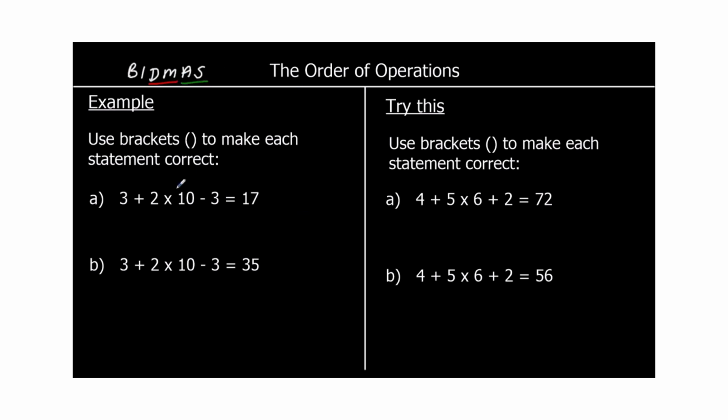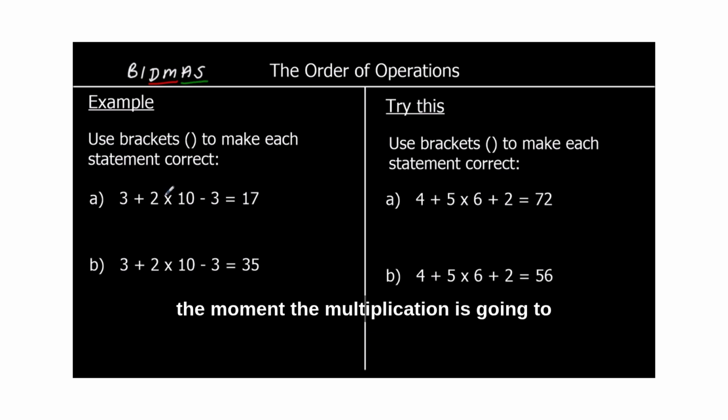So at the moment, the multiplication is going to take place first, and we'll have 2 times 10, which becomes 20, 3 plus 20, 23, take away 3, 20, and that's not equal to 17.